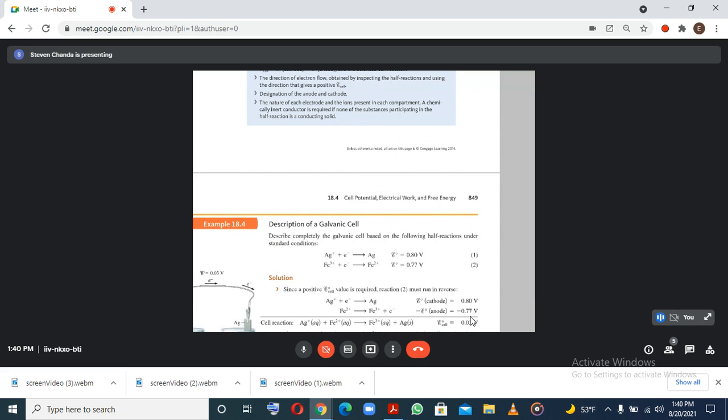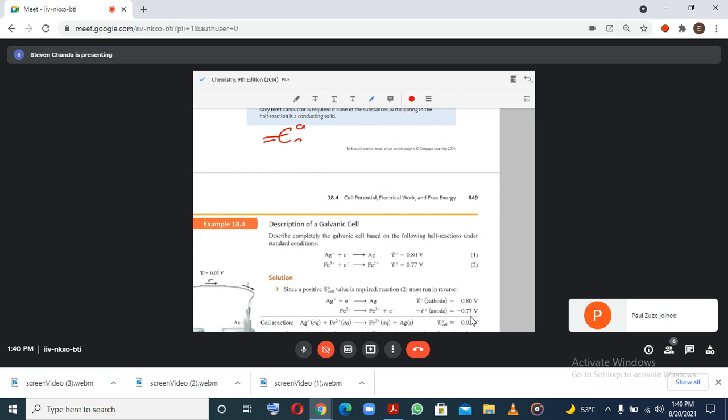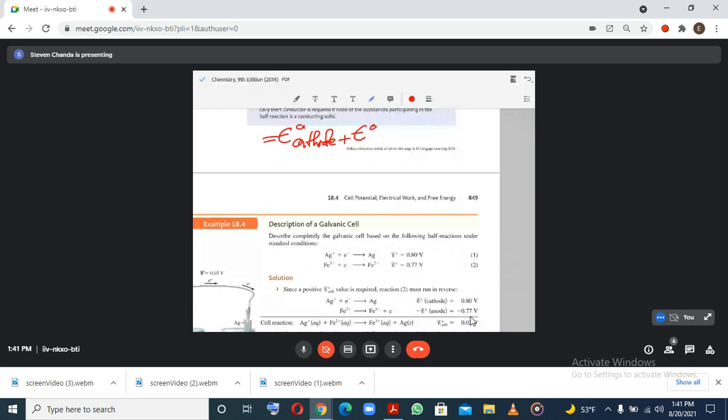I'm sure you may be wondering between the two methods that I was talking about. If you say the method is E cathode plus E anode, the cathode is 0.8 volts. Someone asked yesterday, so I just want to clarify this.